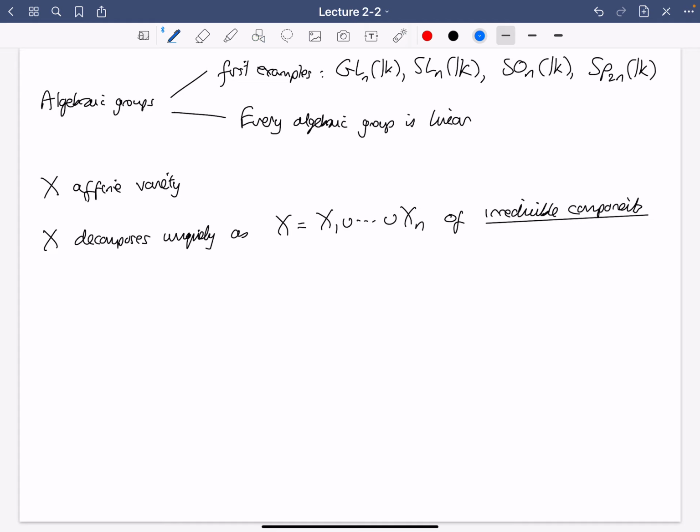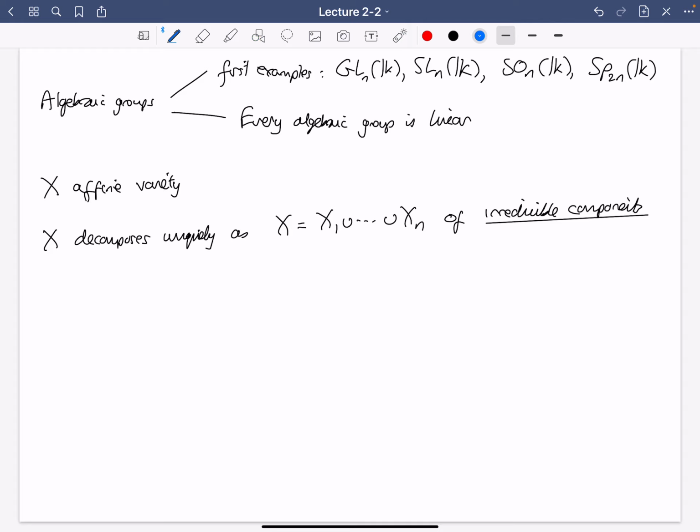I have talked about what it means for an affine variety to be irreducible. That's a purely point set topology notion. But in the case of an affine variety, there's also an algebraic characterization of being irreducible. It's if and only if the coordinate algebra is an integral domain.